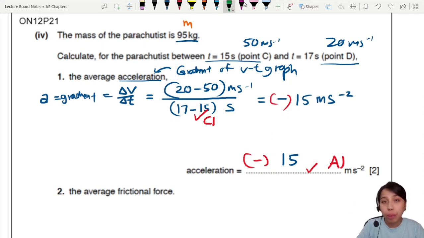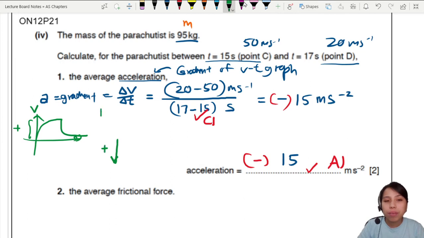The graph is only in the positive part. So something like this is all in the positive part of velocity. That tells me that the system they define is that anything that moves down is positive, and anything that moves up is negative.